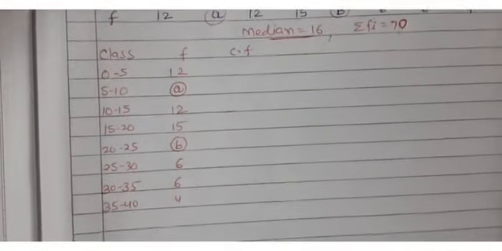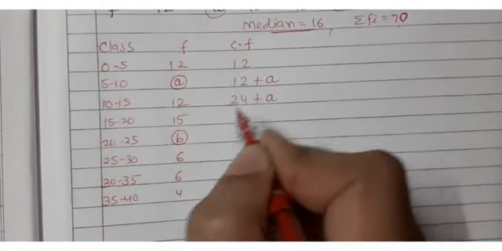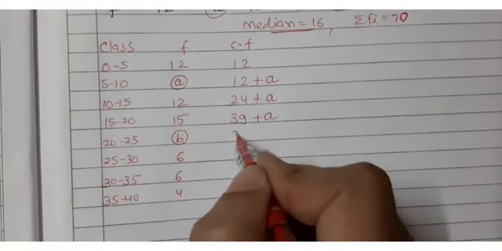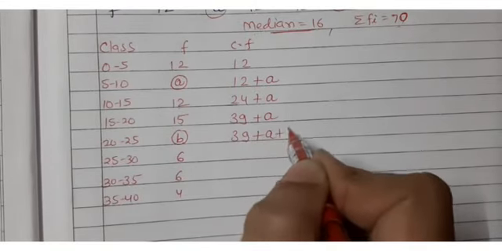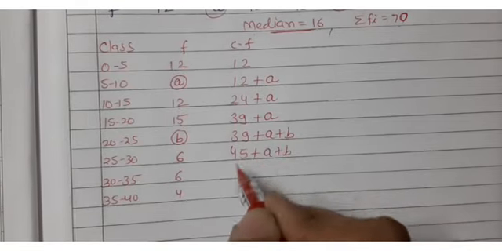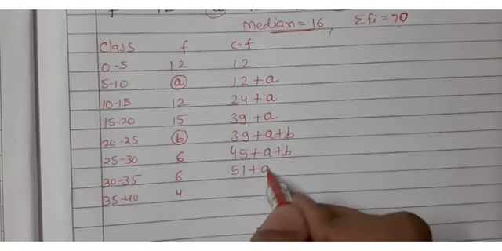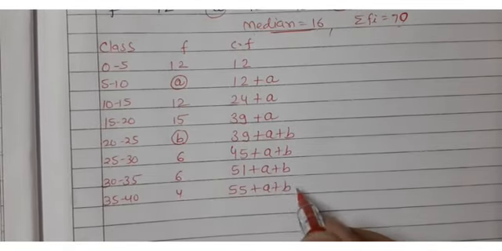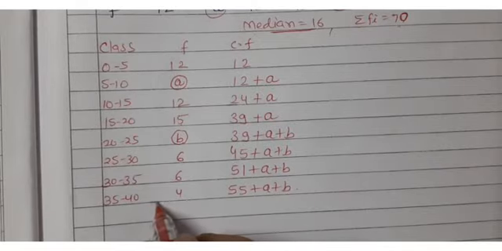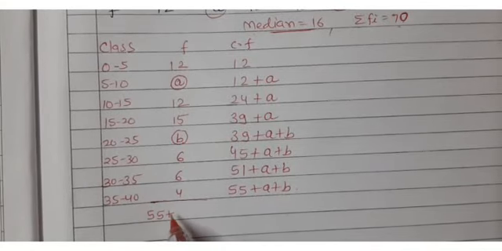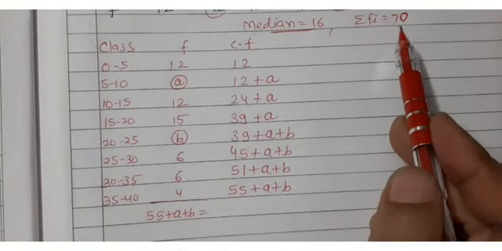Then what to do? First of all, 24 plus A will come. This is 39 plus A. And B also comes, so A plus B: 39 plus 6 is 45 plus A plus B. This is 51 plus A plus B. This is 55 plus A plus B. It means if you add this, you will get 55 plus A plus B, and the total sum that is given to you is 70.